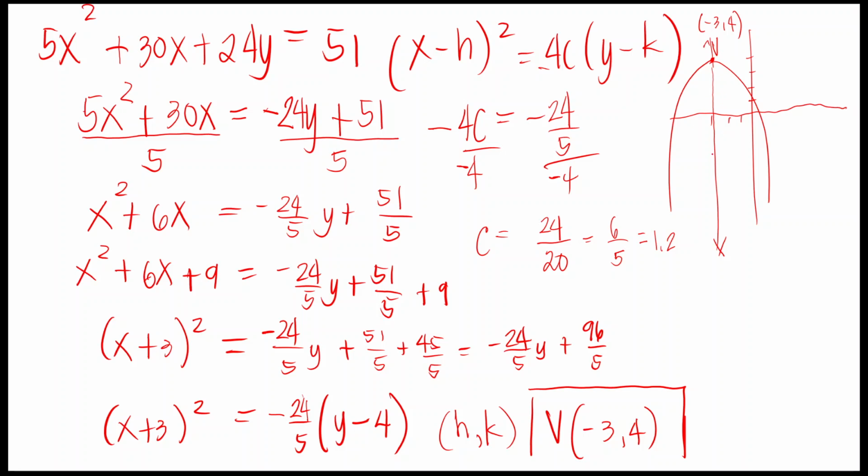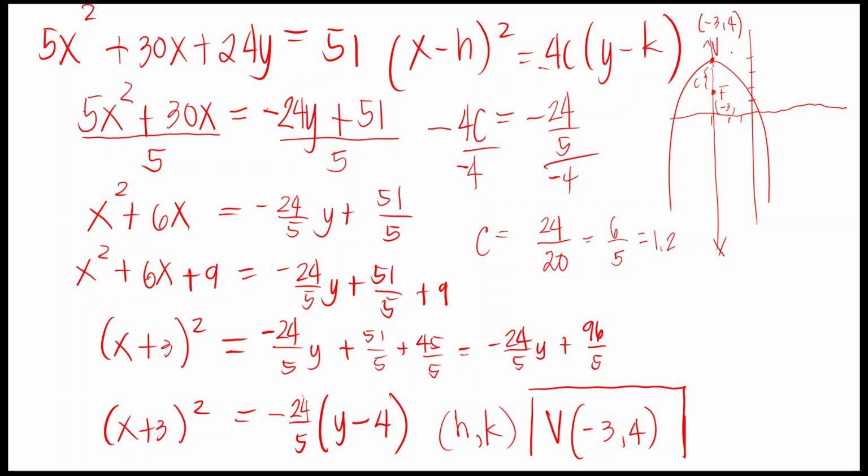And since the axis of the parabola passes through the vertex and the focus, therefore the vertex and the focus should have the same x because it is a vertical line, or the axis is a vertical line which passes through x equals negative 3. So, sa madaling sabi, the focus has also an x-coordinate of negative 3. However, they will only vary on y because they are separated by a certain distance, c.